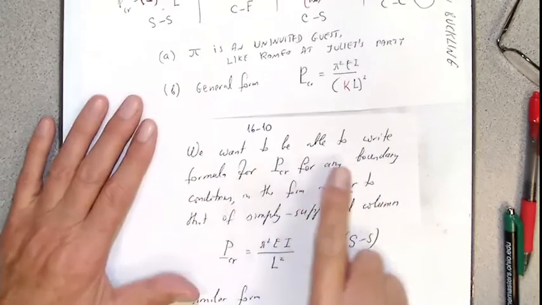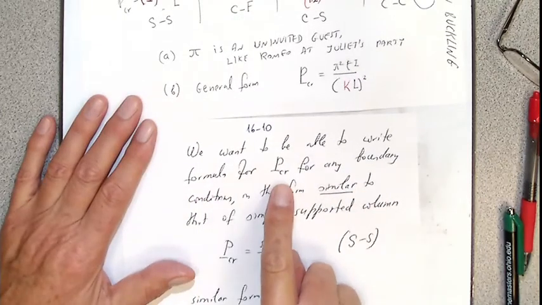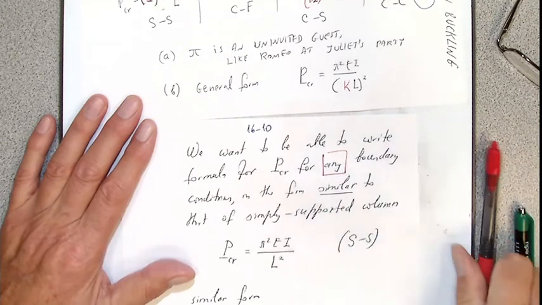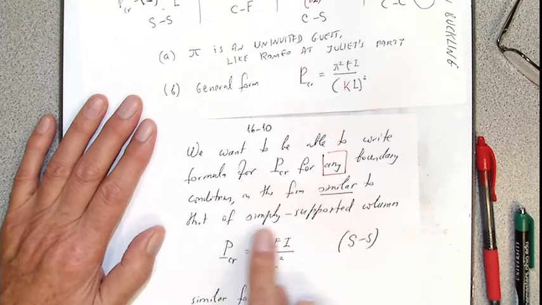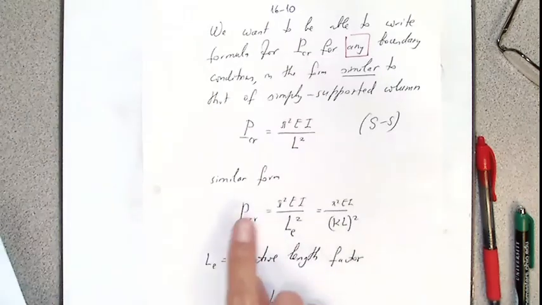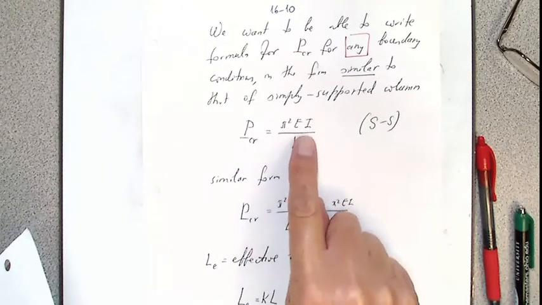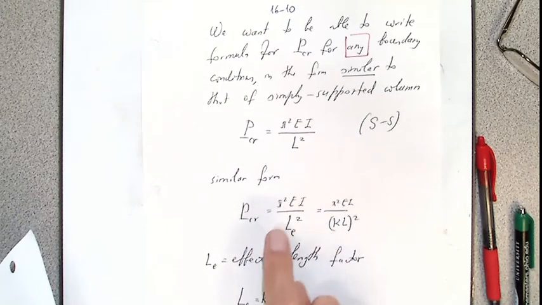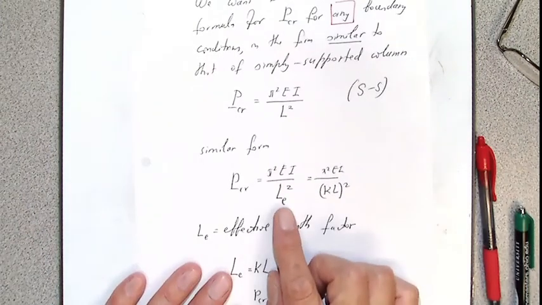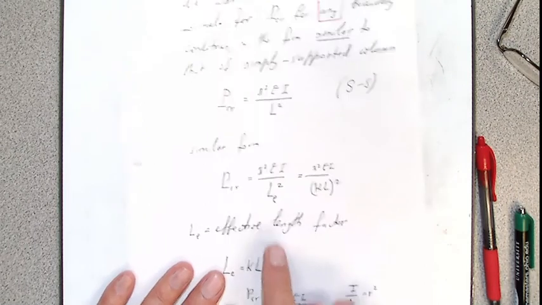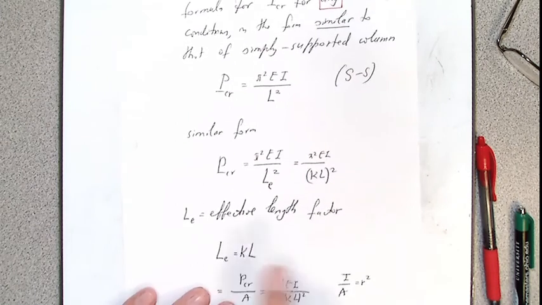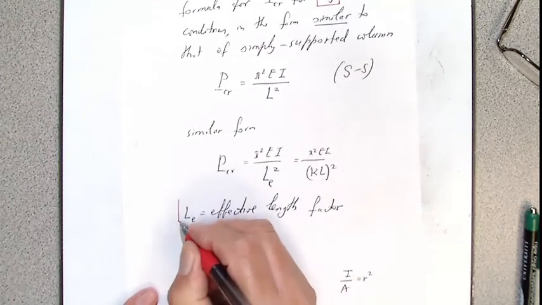We want to be able to write formulas for P critical for any boundary condition in the form similar to that of simply supported column. So that is simply supported column, that is an expression. Similar form will be not to write L, but some effective length, LE. This LE then equals K times L. Effective length factor.